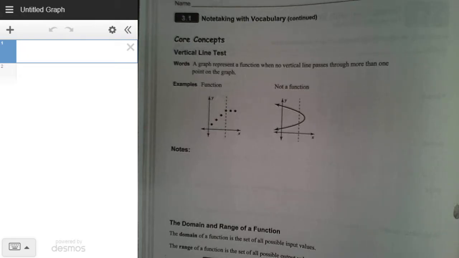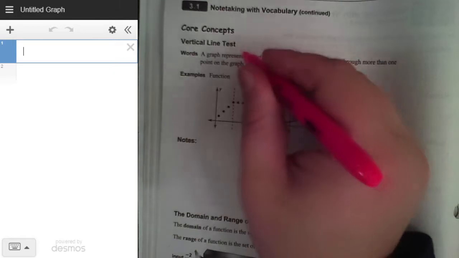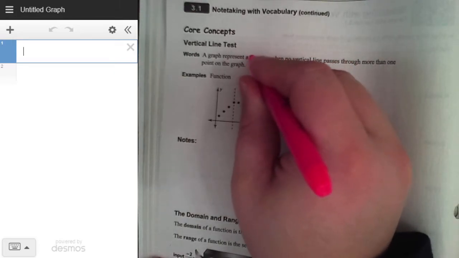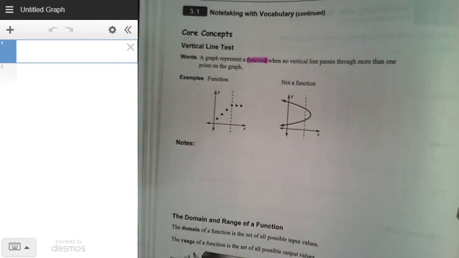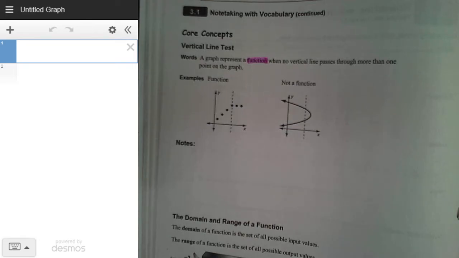The big understanding is a graph represents a function when no vertical line passes through more than one point on the graph. That word function is the key part of this. If you wanted to go in and highlight that, function.